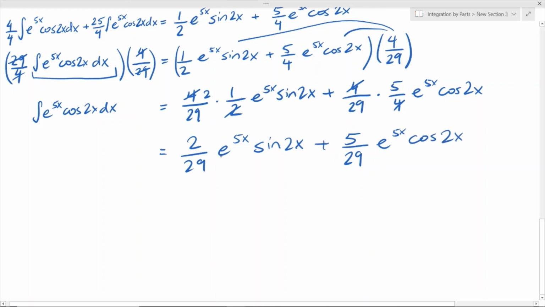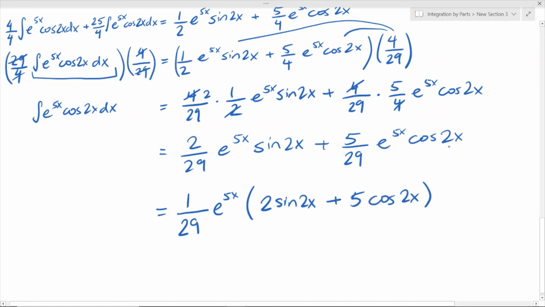And then we can factor out e to the exponent of 5x over 29 just to make it look nicer. So factoring that out, 1 over 29 times e to the exponent of 5x is being factored out. And so we will be left with 2 times sine 2x from here, and then plus 5 times cos 2x like this.